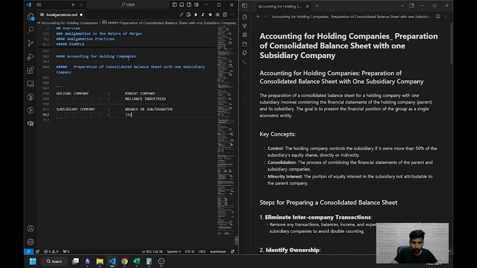For example, Jio Financial Services is a subsidiary company of Reliance Industries.